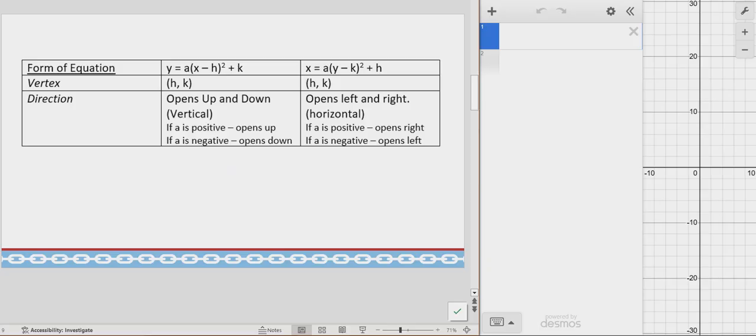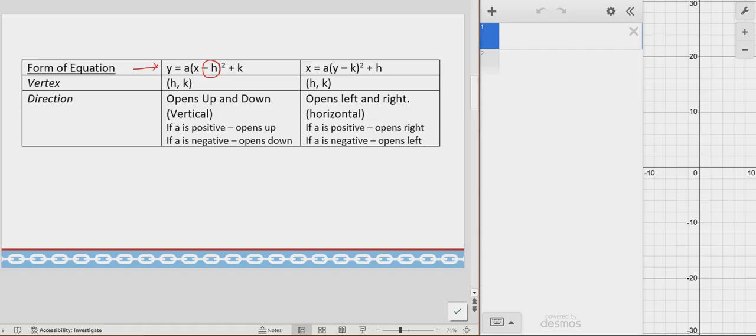And we've taken a look before at this format for a parabola right here, this equation, right? H and K control the vertex. And a big part of this chapter is going to be anything that you see in parentheses because it says x minus h. The h value is actually going to be the opposite of the number that you see.